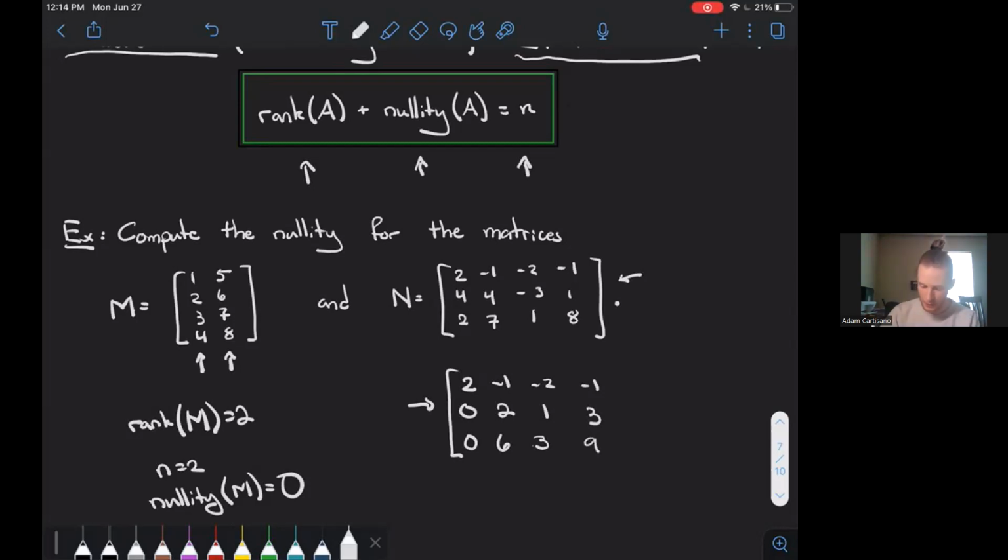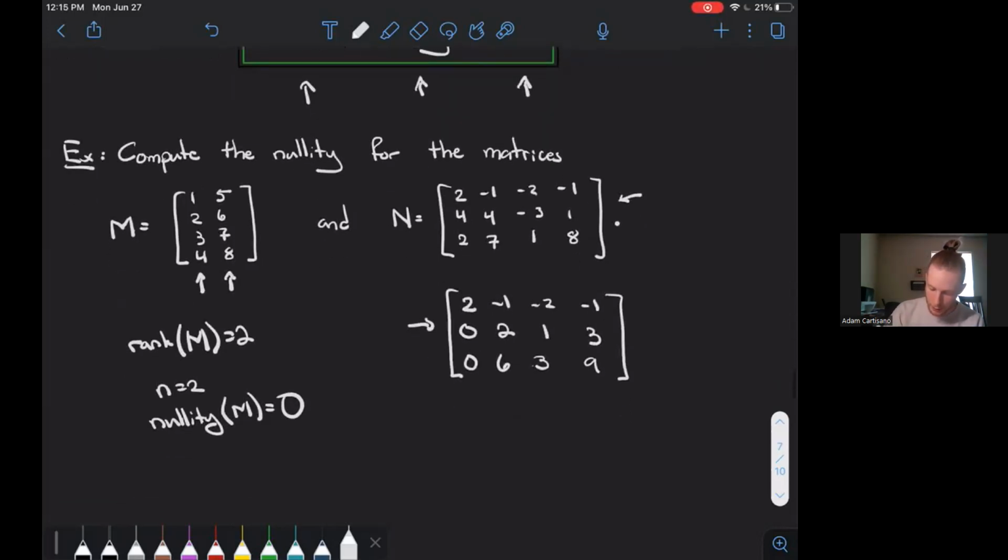Subtract row 1 from row 3, like this. And then notice this row is 3 times the row above it. So subtracting 3 row 2 from row 3 will give us a row of zeros. 2, -1, -2, -1, 0, 2, 1, 3, 0, 0, 0, 0. A row of all zeros.